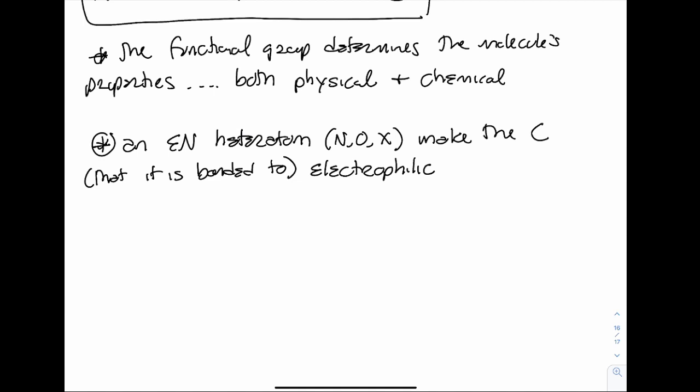I'll define heteroatom here: a heteroatom is just an atom other than carbon or hydrogen. So nitrogen, oxygen, halogen, sulfur, phosphorus, all of those would be considered heteroatoms.